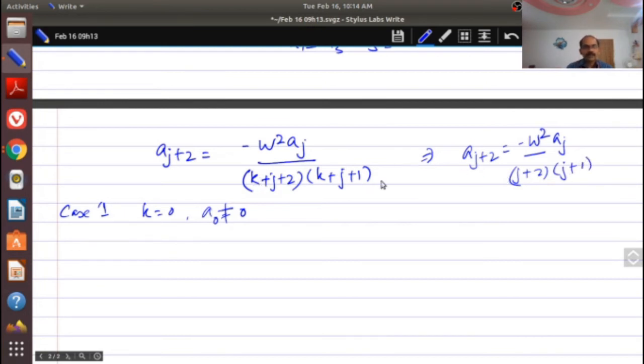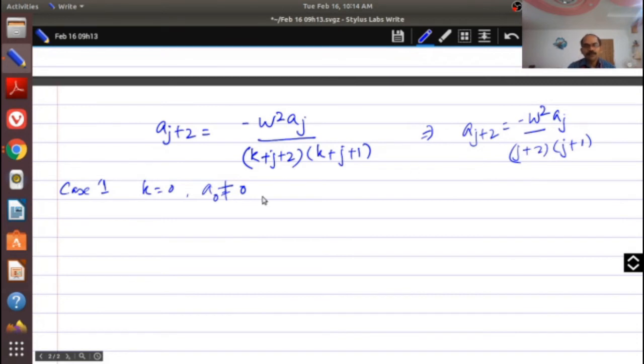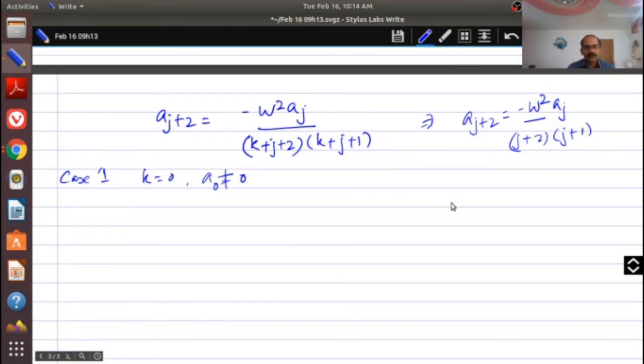Nothing, you put k equal to 0 here. So you get the recurrence relation for the case k equal to 0. Now we know that a0 is not equal to 0. So let's see what is a2.